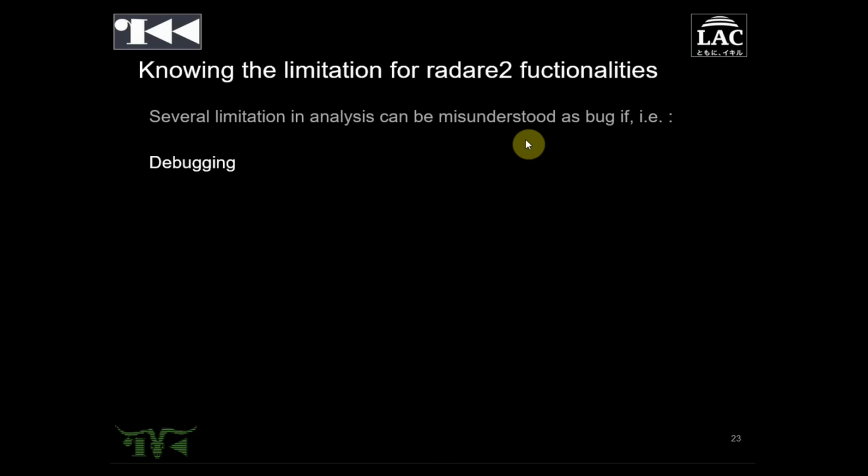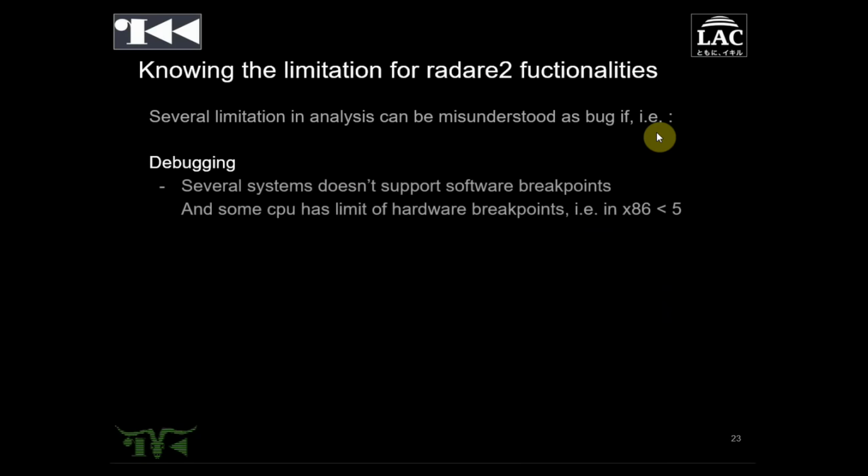Several elimination in analysis can be misunderstood as a bug if you don't understand it. So you have to be careful with stuff in debugging, for example, several systems just don't support software breakpoints, instead using hardware breakpoints, especially when you are dealing with embedded or IoT devices, and some CPUs probably have limits for the usage of hardware breakpoints.